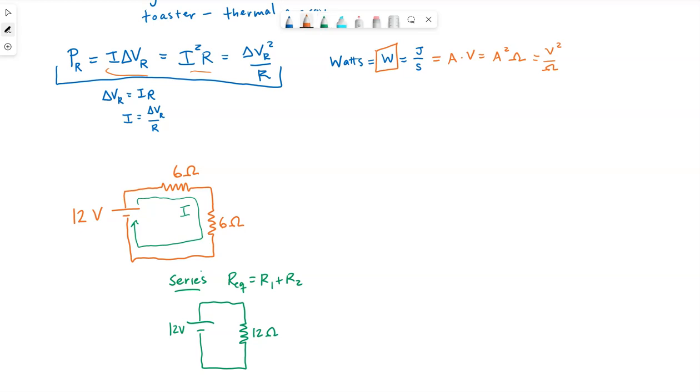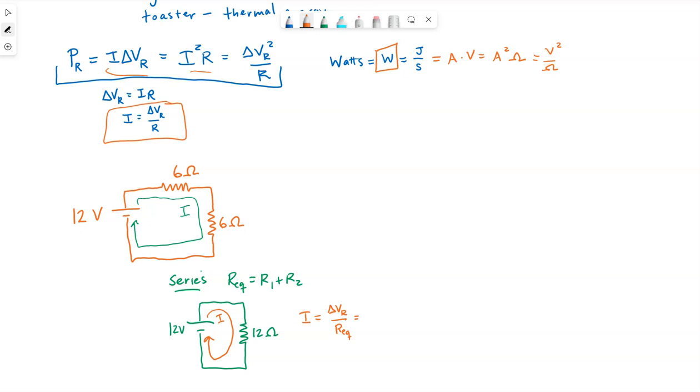The current that would flow in this circuit we can find using Ohm's law up here. The current that would flow would be the potential difference across that equivalent resistance divided by the equivalent resistance.